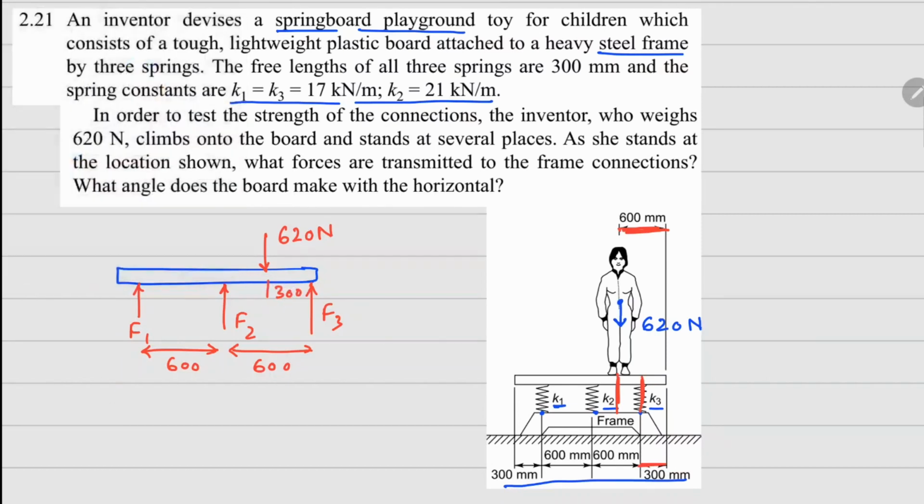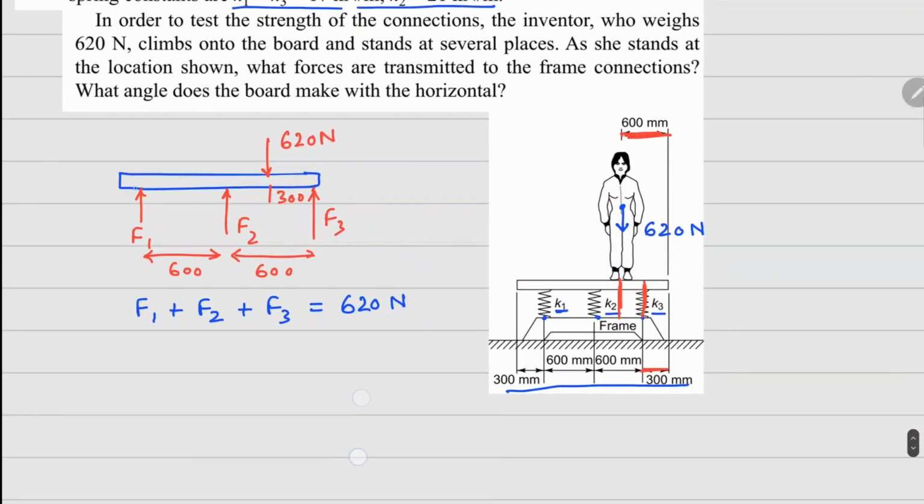So we can write down the force and moment balance equations. The force balance in Y is F1 plus F2 plus F3 equals 620 newtons. Now if I take the moment about this point where spring 1 is attached, I'll get 620 sitting at a distance of 900 mm from here equals F2 times 600 plus F3 times 1200 mm.